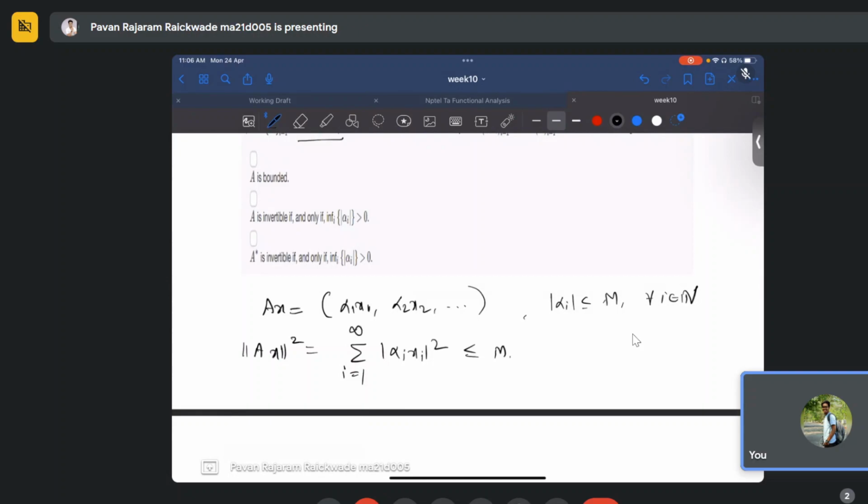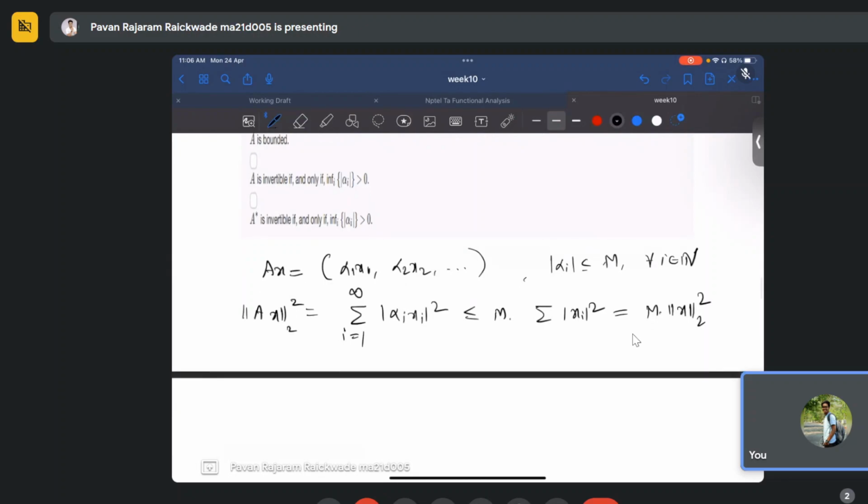This is less than or equal to m times the summation of the modulus of xi squared, which is finite, or I mean, which is just m times the norm of x squared. I think we don't have to write the 2 here because we are in L2 space, so that's clear. That means A is bounded.